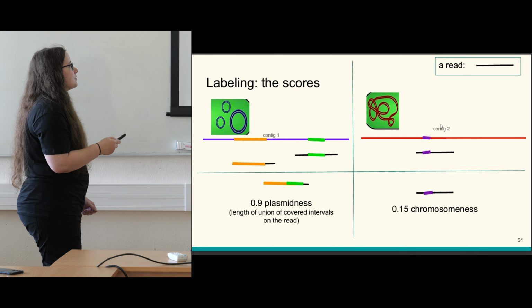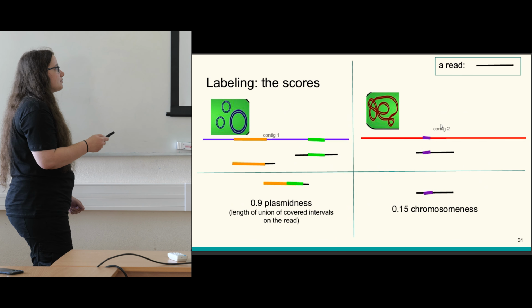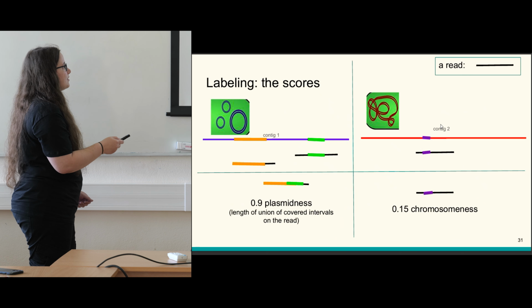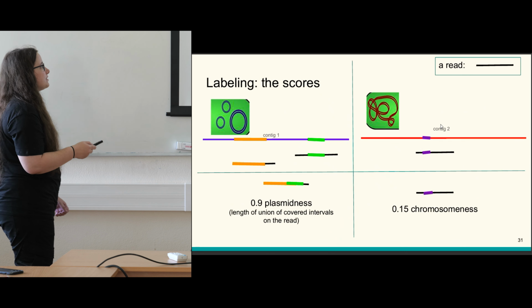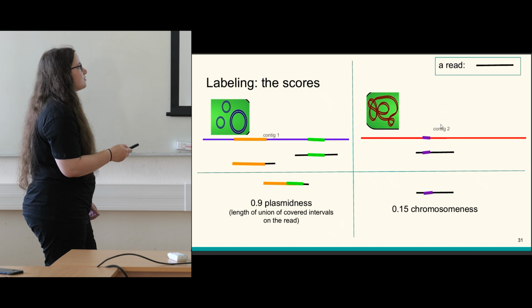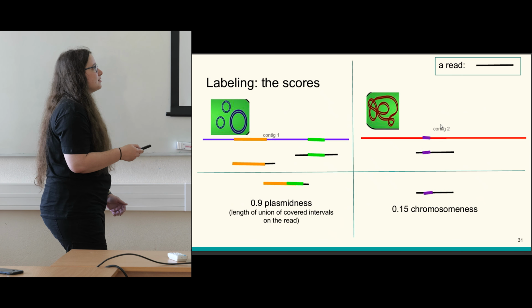Then we take the union of the intervals that are covered by the alignments, and using the length of the union interval, we compute the percentage of the read that is covered by the alignments, and that is our plasmidness score. So, for example, here it might be 80%.